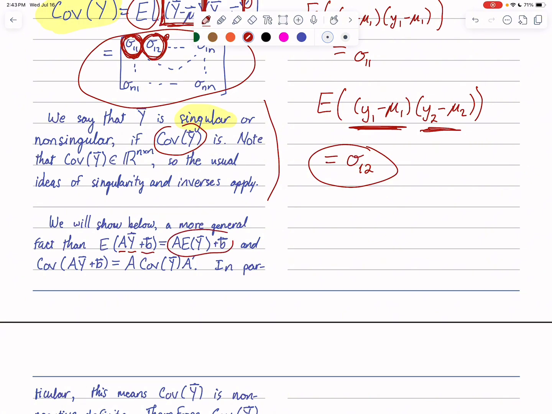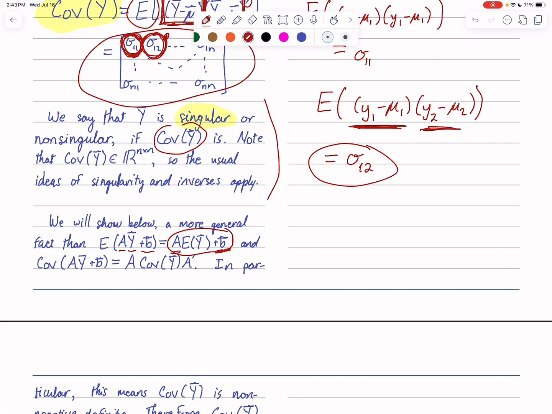And since B is constant, the expectation of a constant is just equal to that constant. Also importantly, even multiplying by an entire matrix, it's still just treated like a constant and it moves outside of the expectation. So expectation has this very strong linear property, which should be familiar from the linearity of expectation in mathematical statistics, but applied now to vectors.